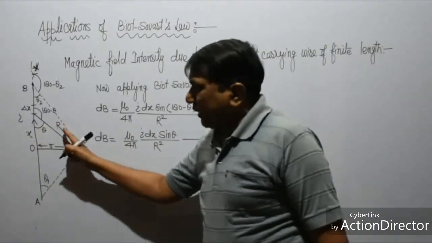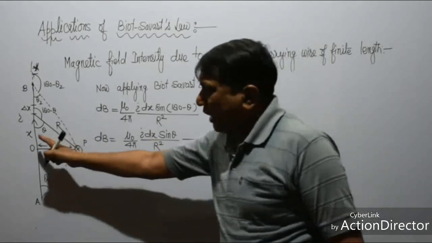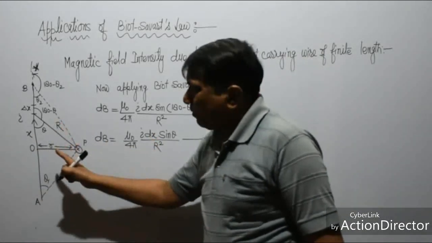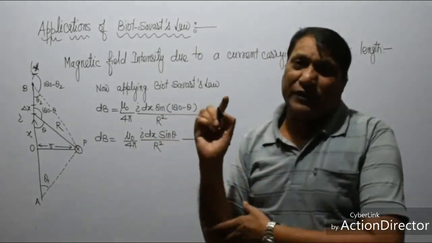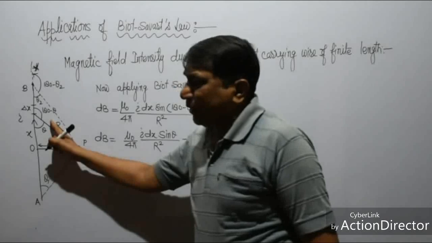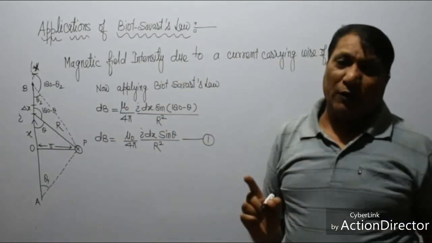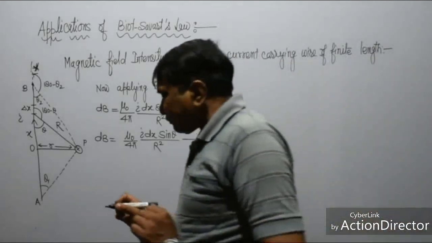x and capital R, these are the two variables, but the small r distance is fixed. So small x and capital R both are to be expressed in terms of small r.